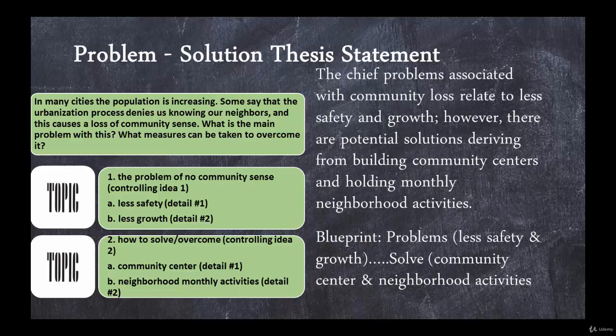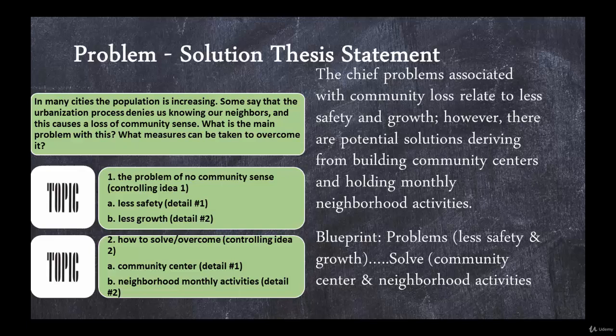Now we have a problem-solution thesis statement. This is the one that's talking about how in many cities the population is increasing. Some say that the urbanization process denies us knowing our neighbors, and this causes a loss of community sense. What is the main problem with this? So we have to discuss the problems and solutions.